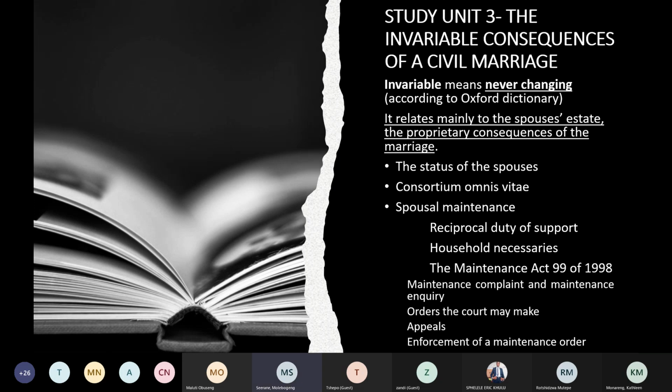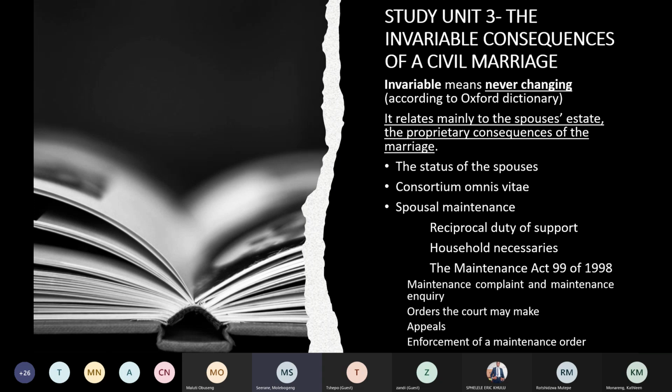The sixth invariable consequence of a valid marriage is the family name. Usually the family name only affects the wife, because the wife can either keep her name, or use her husband's name, or use a double barrel, meaning she gets to use her surname together with the husband's surname.